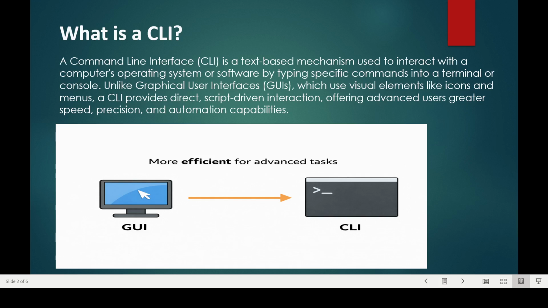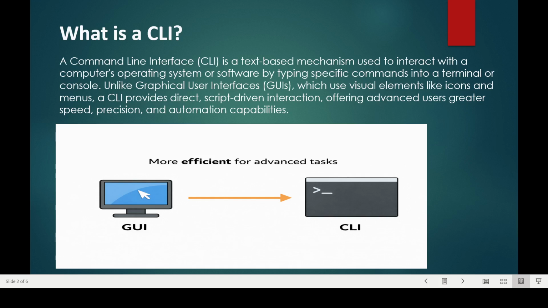For example, on your phone, or on most of our devices, like the Windows operating system or the Android operating system, what are we using? We are using icons, menus, pictures. We are touching the screen, interacting with our phones by dialing numbers, by touching the screen. That is a graphic user interface.